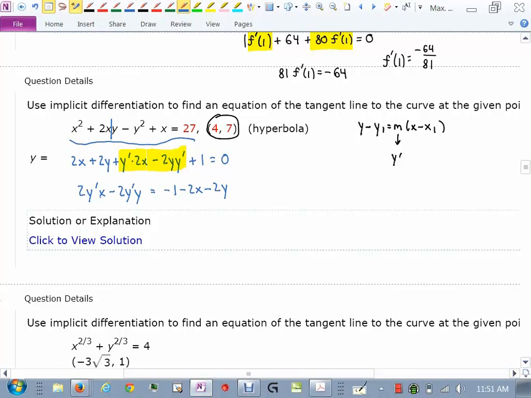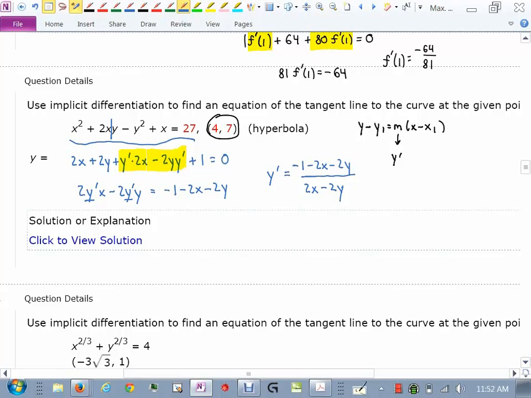And then I will factor out the y prime on the left side, which gives me y prime times what was left, and I'll divide both sides by that. What was left when I pulled the y prime out on the left was a 2x minus a 2y. Okay, so that is the derivative.